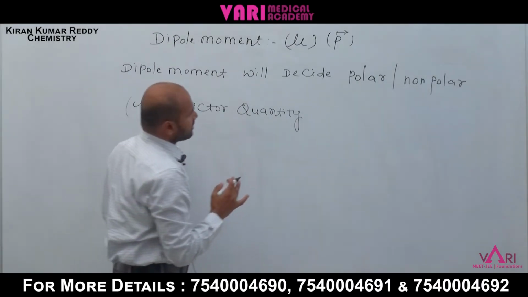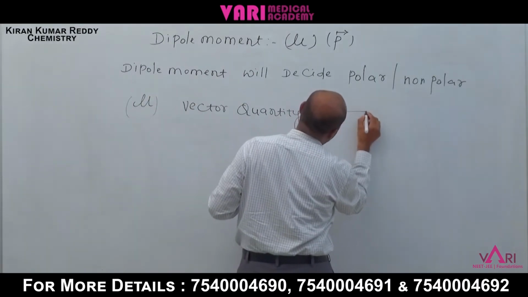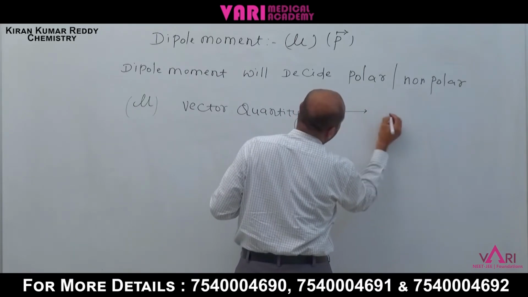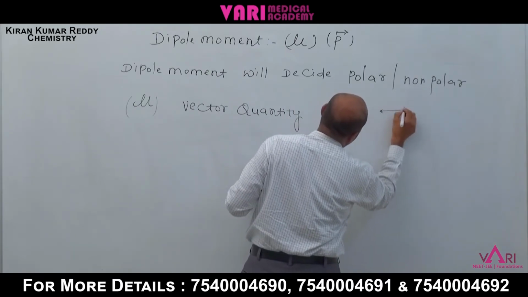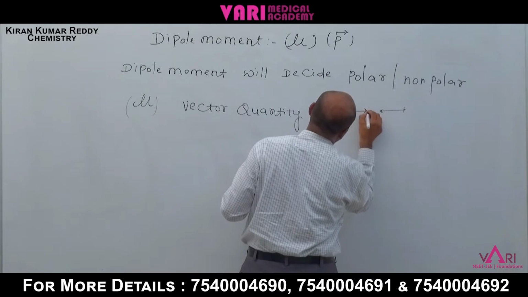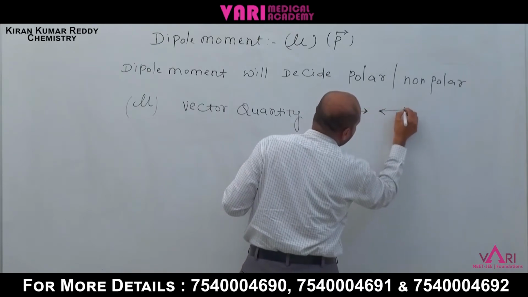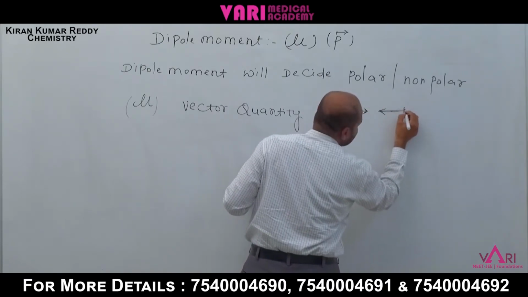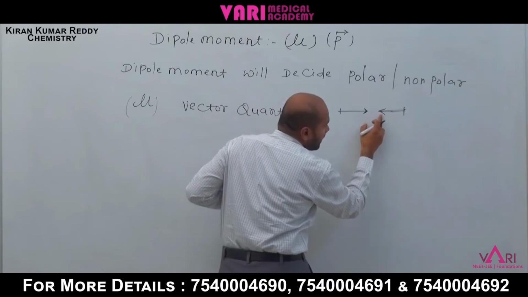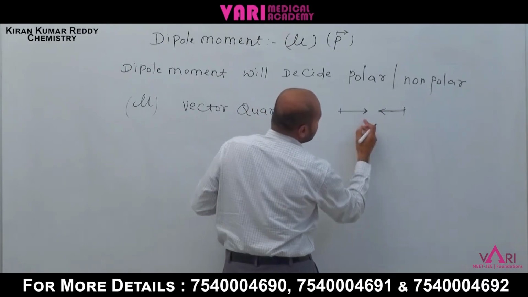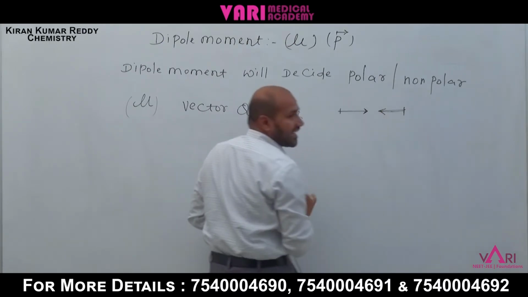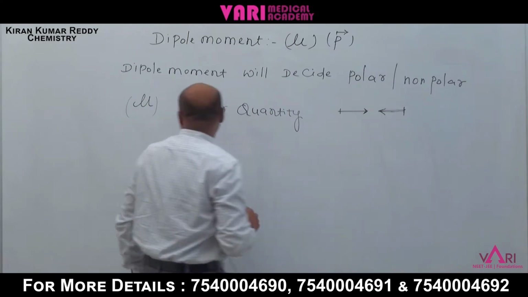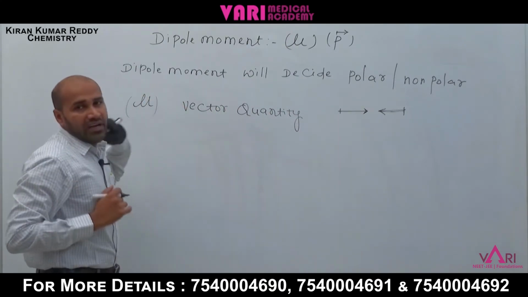You know vectors in opposite directions cancel each other. Here there is a crossed line on the positive end and the head on the negative end. These two opposite vectors are cancelling. So this is a vector quantity.